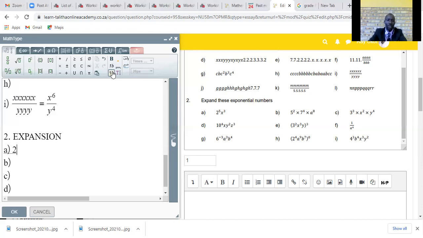The 2 has got exponent of 5, so we write a 2 with exponent of 5. Then we also have a 1x with exponent of 3. So exponent 3. How do we expand this? Well, let's first write the next question really quick.